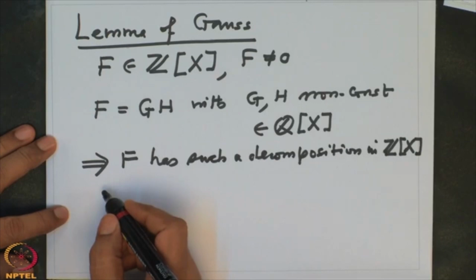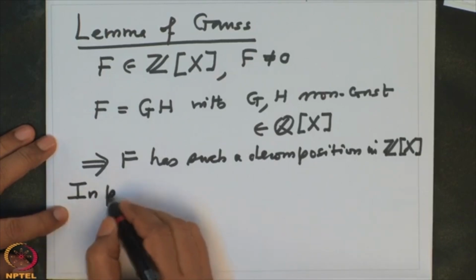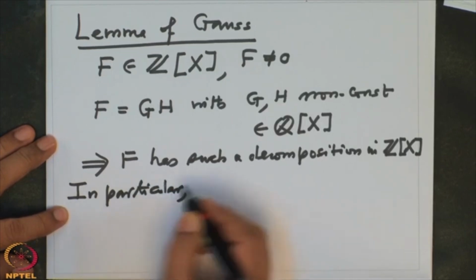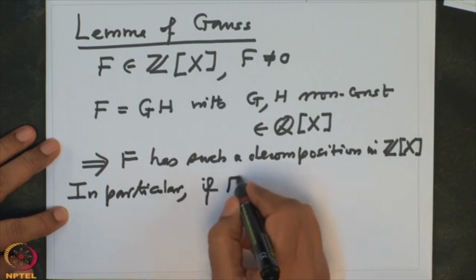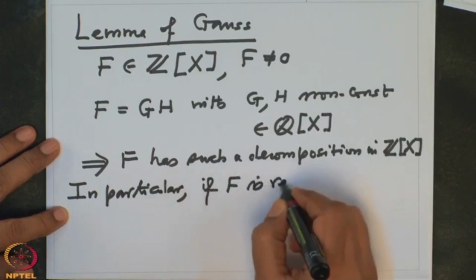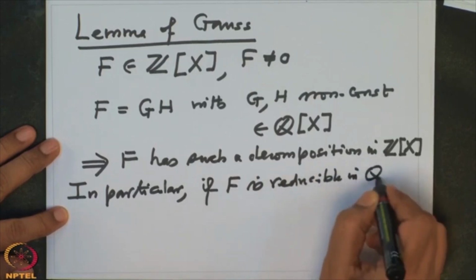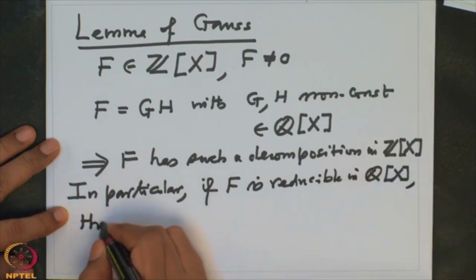So in particular, if f is reducible in Q[x], then it is reducible in Z[x] also.